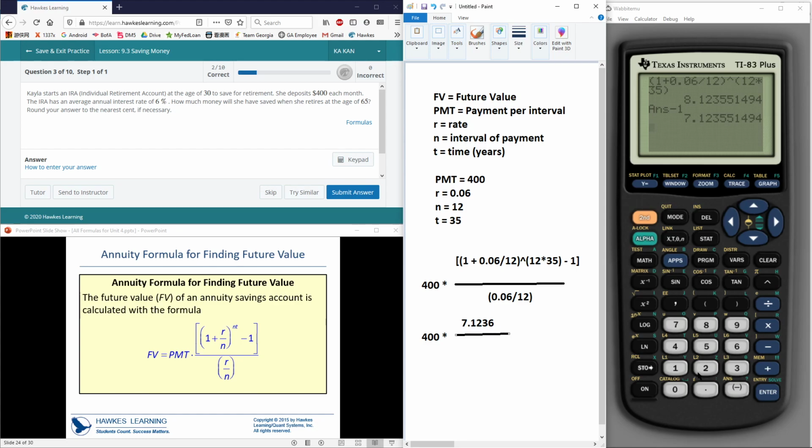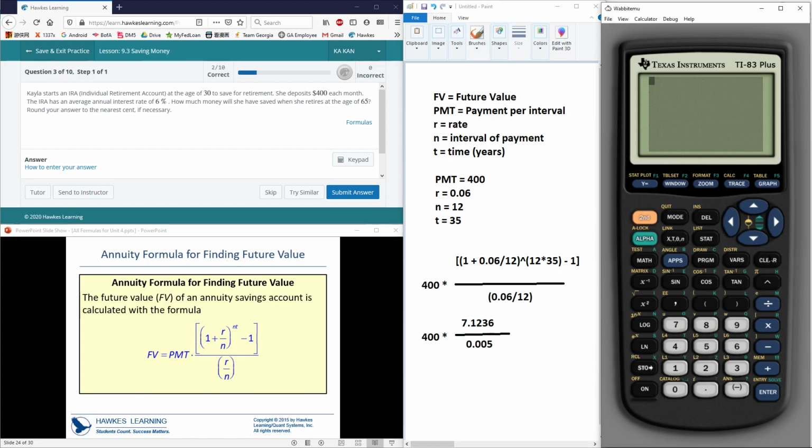And let's look at the bottom. 0.06 divided by 12 is 0.005. All you've got to do is put all this in the calculator.